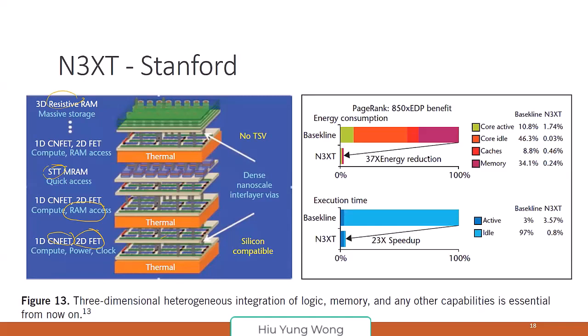Of course, they have not completely done, right? If they have completely done, they are very rich already, right? But on some benchmarks, they show that they can reduce the energy by 37 times, speed up by 23 times. But that is just what they can get now. Their vision is 1,000 times compared to what people have now.